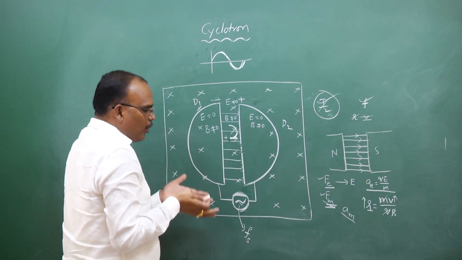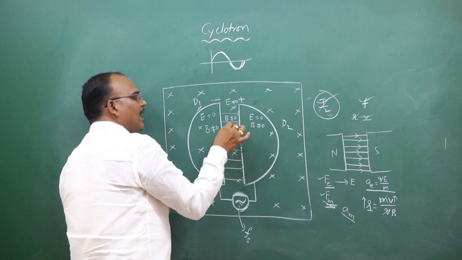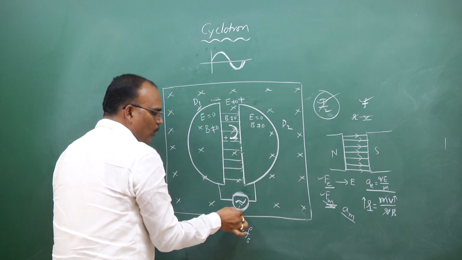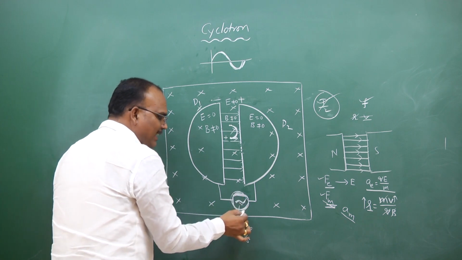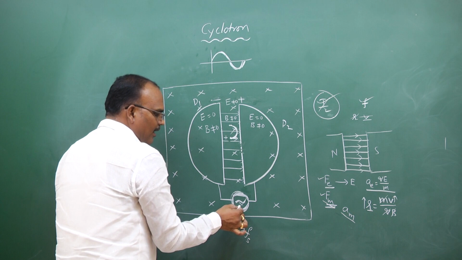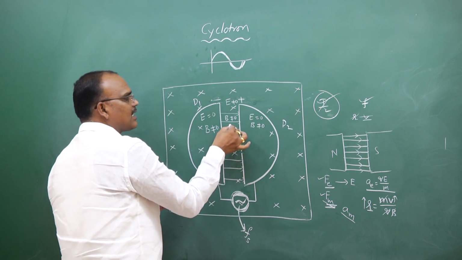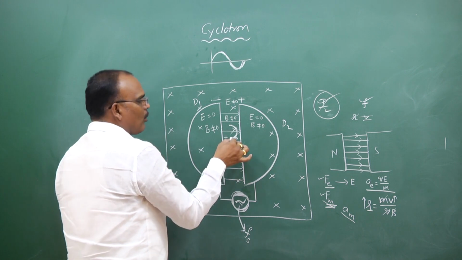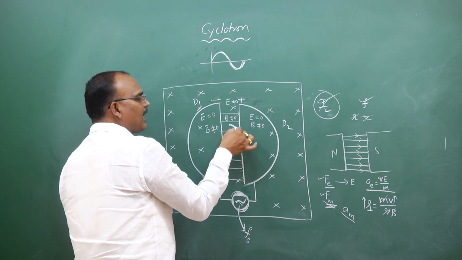So our only duty is that the frequency of this charged particle must be equal to the frequency of the oscillator. So we are going to adjust the frequency of the oscillator to be equal to the frequency of the charged particle.